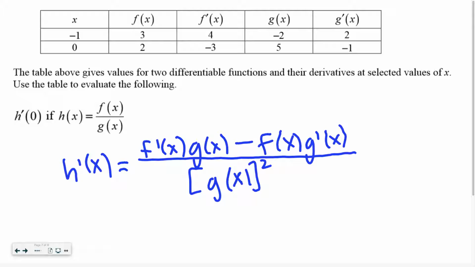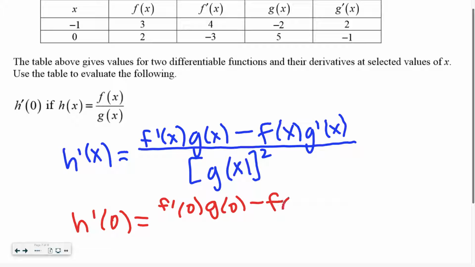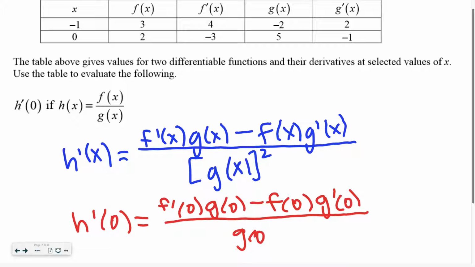Now it's asking us for h prime of 0, right? So h prime of 0 is going to be f prime of 0 times g of 0 minus f of 0 times g prime of 0 all over g of 0 squared. So we're going to use our chart to find each of those values that we can then simplify to one number. Okay, so help me out with the chart.